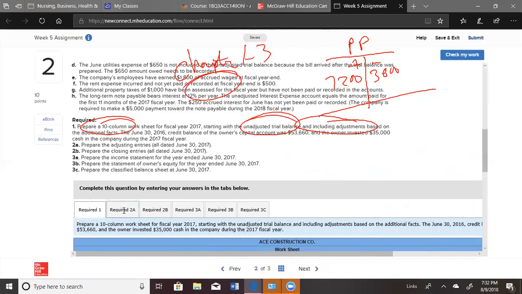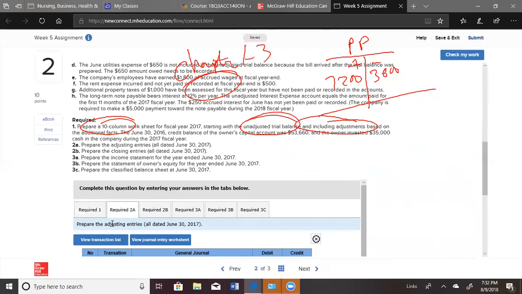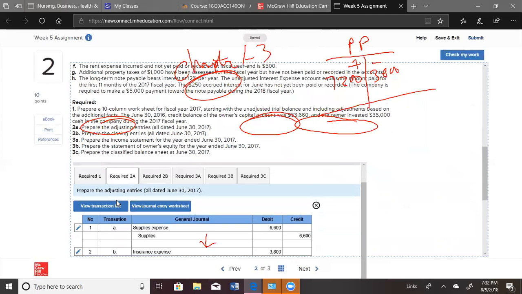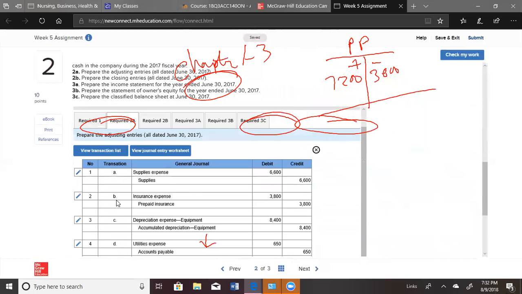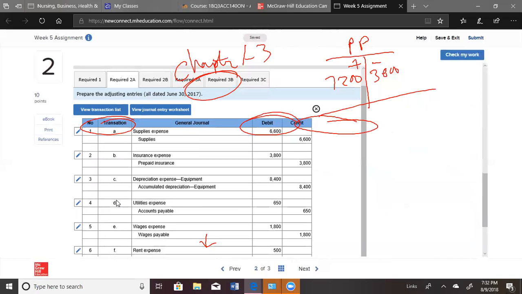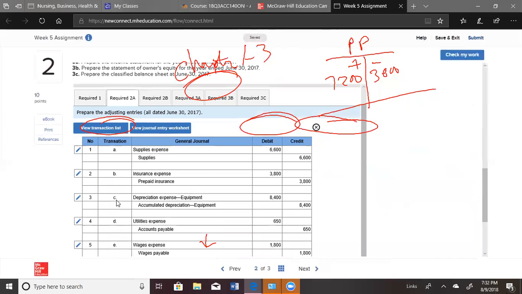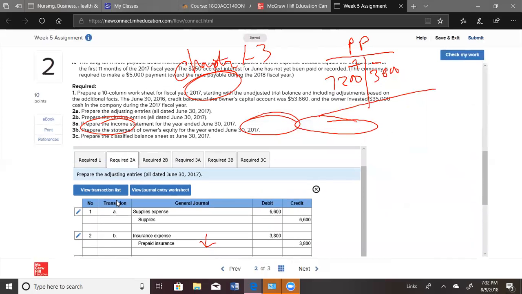Yeah, I'm going to read that too tonight. You don't have to read it until after you finish this part. Don't do the income statement, the balance sheet, or the statement of owner's equity yet on required 1.